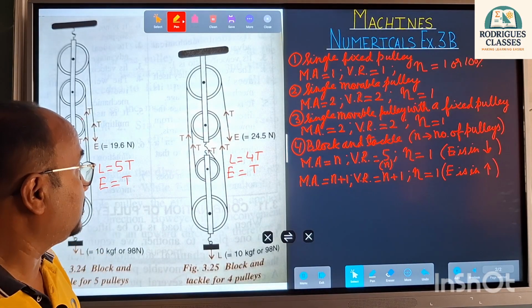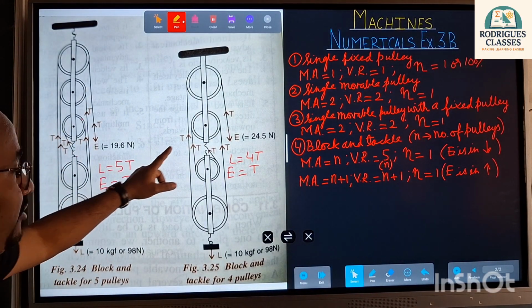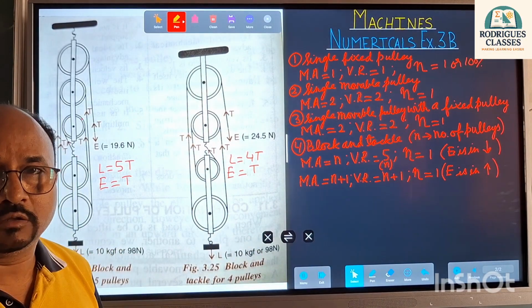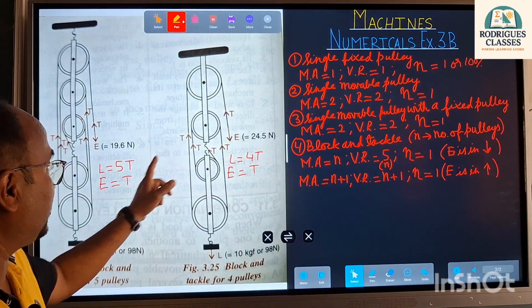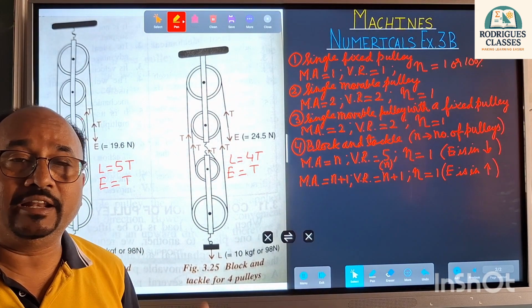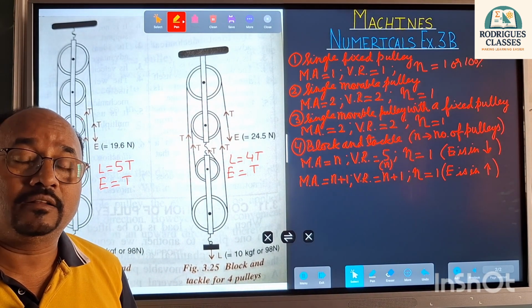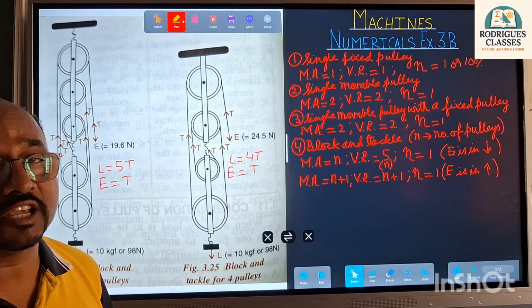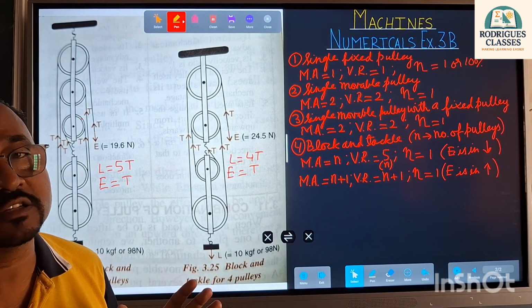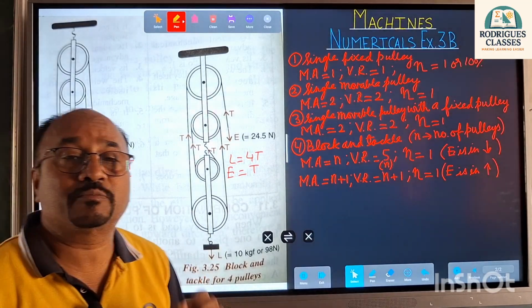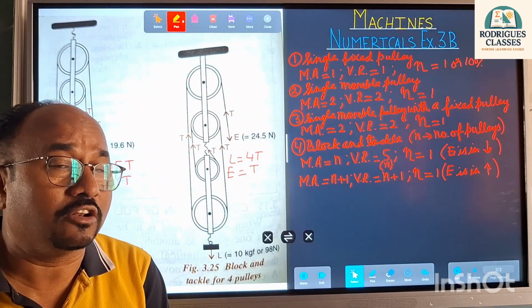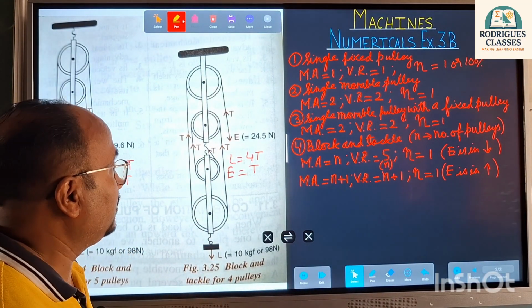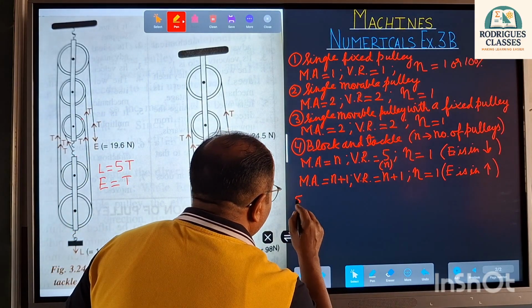Okay. Now, till now, we were not considering the weight of this block. But if I take the weight of the block which is being lifted, then the mechanical advantage and the efficiency will change, but velocity ratio will not change, because due to the weight, the displacement of the effort and the load will not change. So let us see what happens in that case.